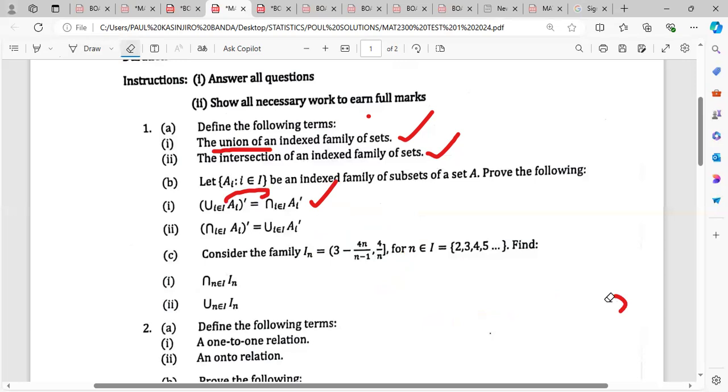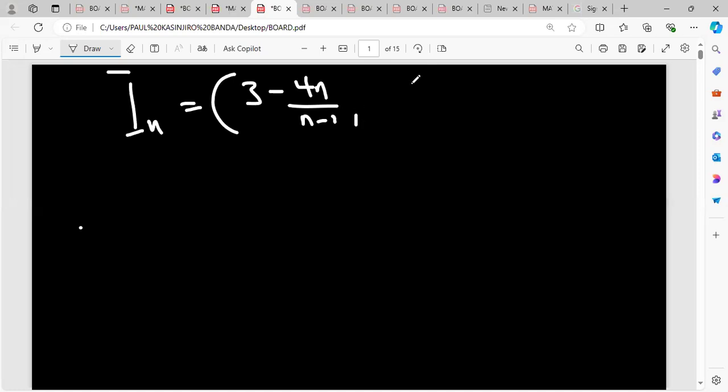Okay, so let's try to do that. The set that we have is L_n equals the interval with open bracket 3 minus 4n divided by n minus 1, comma, 4 over n, and then a closed bracket here.